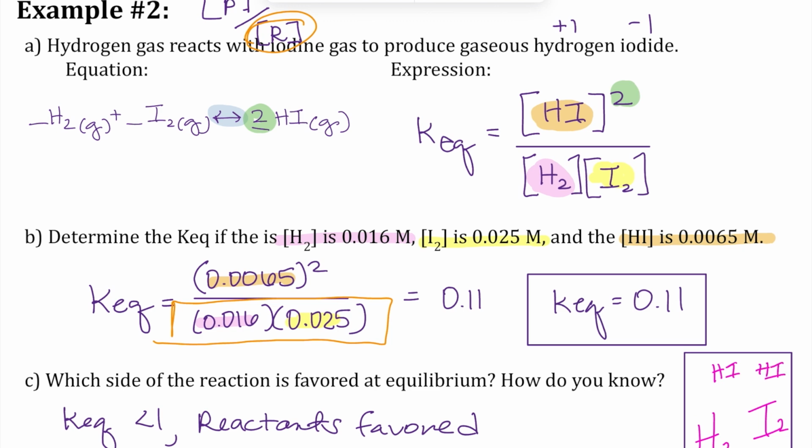So you could show it with those being smaller and these being larger. We could also kind of break this up and say, here are my products, here are my reactants. And I have more reactants than products in my sample at equilibrium.